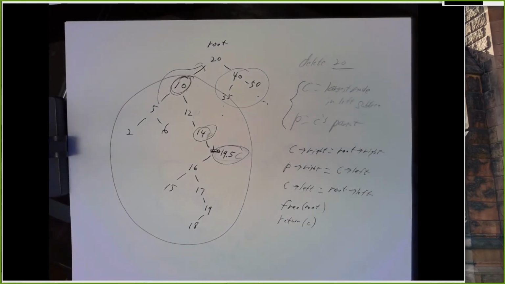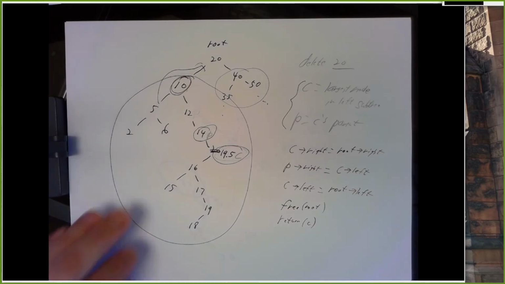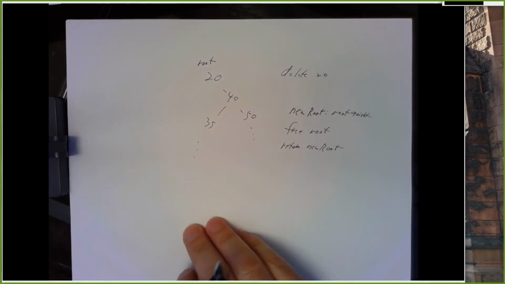And this will come up when we talk about balancing trees, which we're coming to soon. And this is the algorithm you have to use for PA4 to get full credit for deletion.